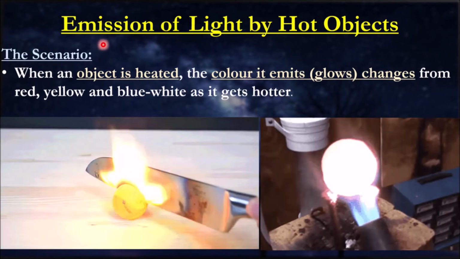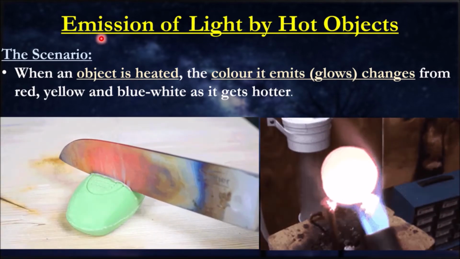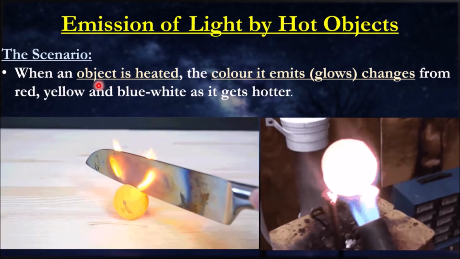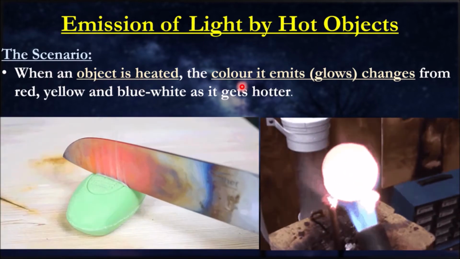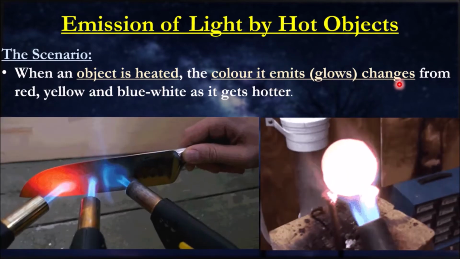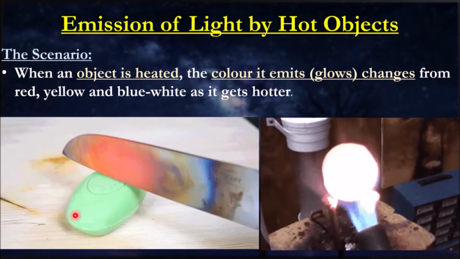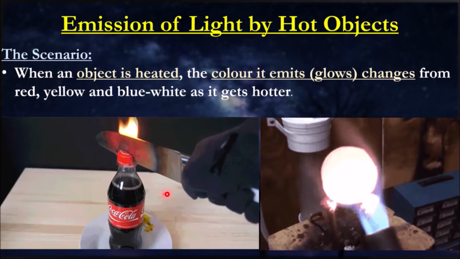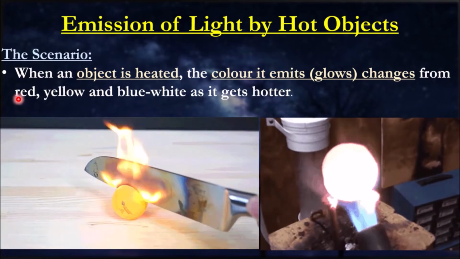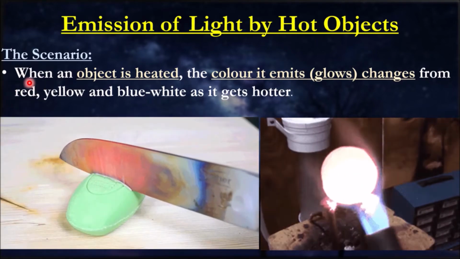So, when we have hot objects, they emit light. The scenario that you can see here, as I heat an object, the color it emits or glows also changes. Generally speaking, we have different temperatures. If we actually have a look at our knife here, there is the color of red. So that's the initial color as you heat something up.